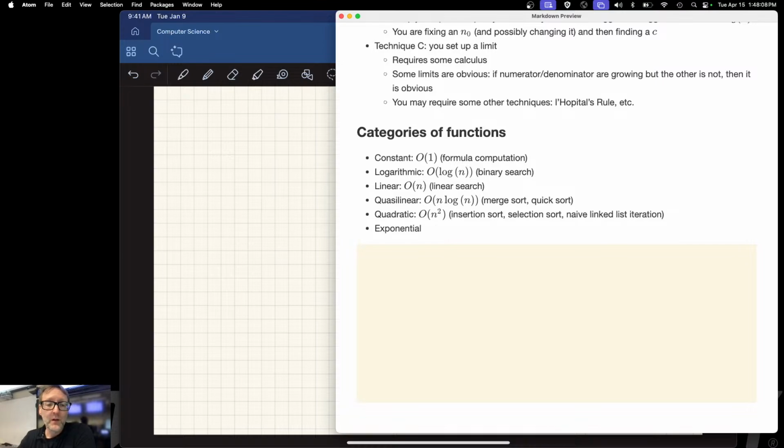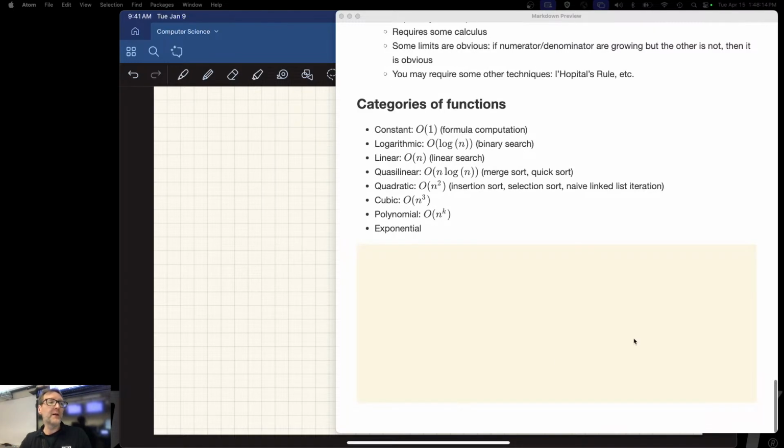Okay. Before quadratic, you also have cubic. And then you can generalize that to any polynomial: quartic, quintic, and so on. We generally stop giving them names after that point because they're not too common. But cubic does come up with, say, matrix operations like multiplication, or graph algorithms. So you'll see that a lot.